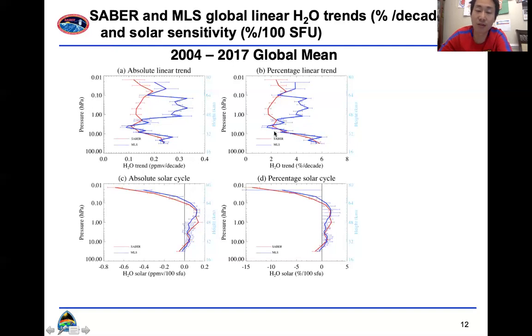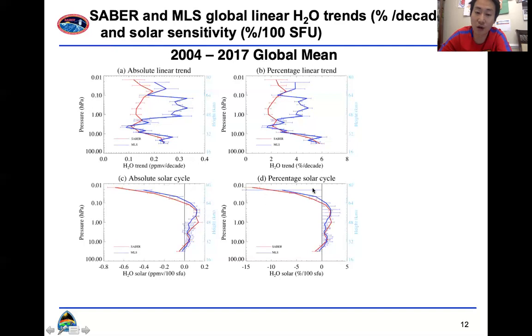The two measurements diverge in the lower mesosphere. The MLS trend is much larger, about twice as large compared to SABER. Remember that the SABER vertical resolution at the higher altitude is better than MLS. The solar cycle variations of SABER and MLS are similar.